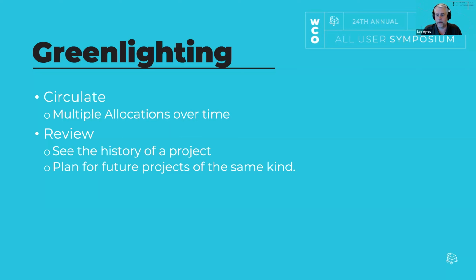And then, again, we have the ability to see what a project did, see the history of it, and use that for future projects. What did we not do right this last time? How can we revise our workflows? How can we revise our processes to better manage projects of that type in the future? So that's kind of the vision. That's where we are as far as thinking our way through the space.